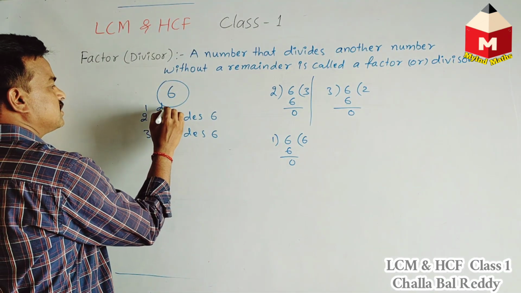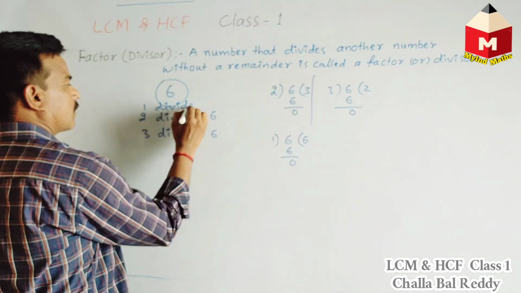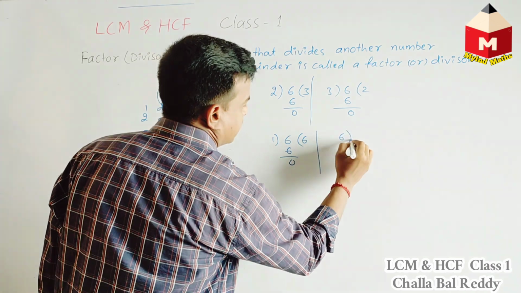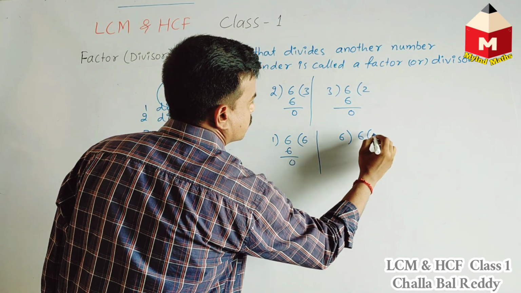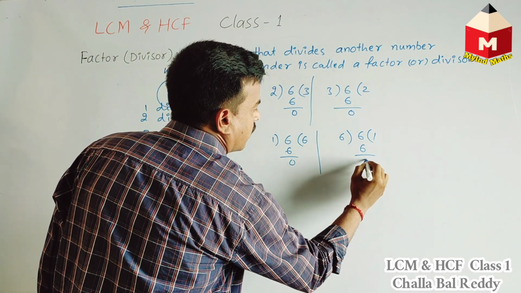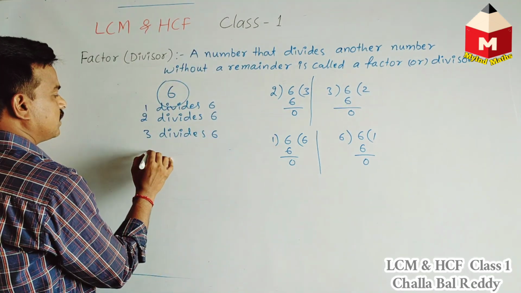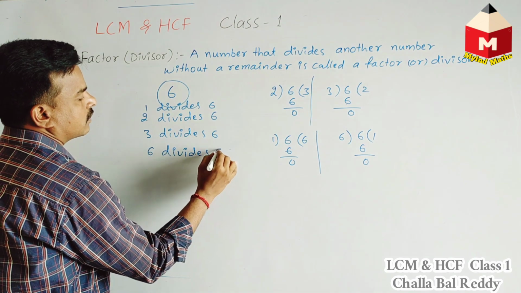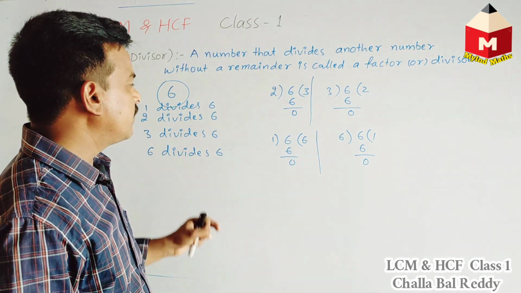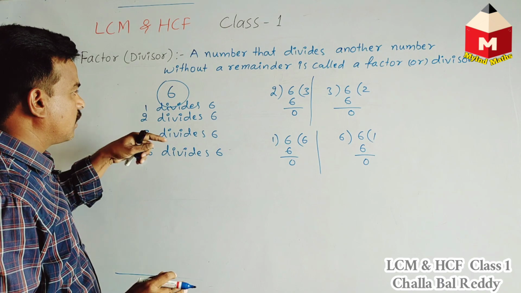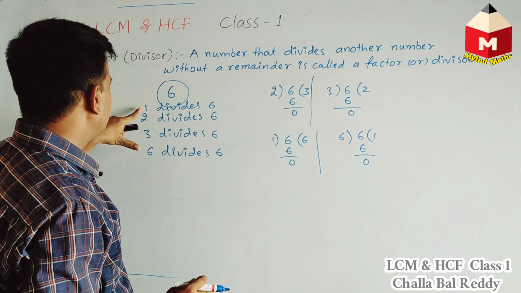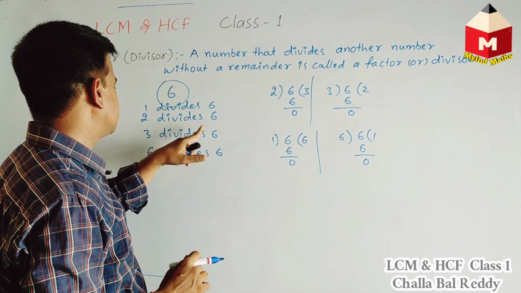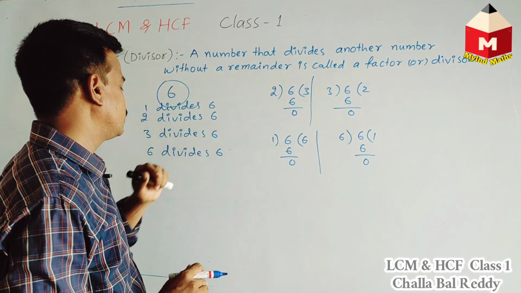So 1 divides 6. Also 6 divides 6. 6 times 1 is 6. Remainder is 0. That is why 6 divides 6. Okay, here we can observe that 6 has 4 factors. 1 divides 6, 2 divides 6, 3 divides 6, 6 also divides 6.